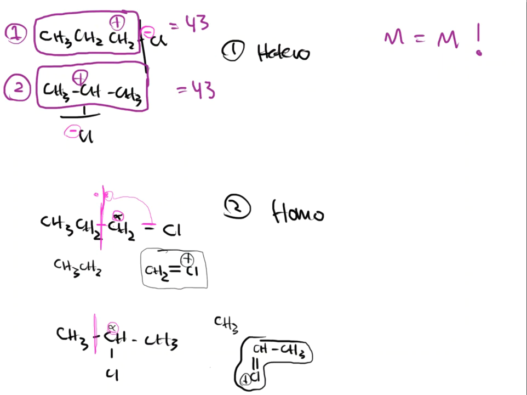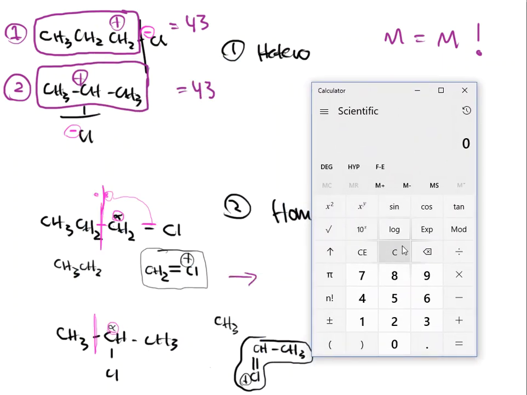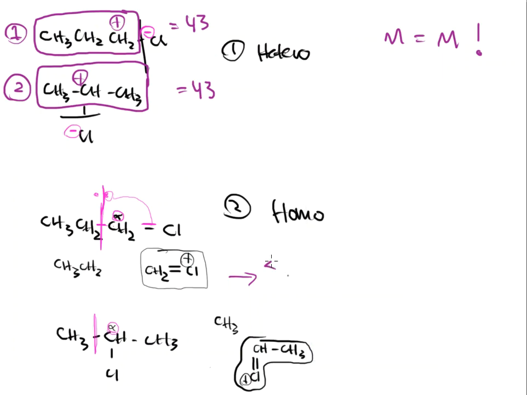So under the homolytic cleavage, this is a 35. Let me pull up the calculator so you could go with me. That's a 35, a 12 from the carbon, 2 more from the hydrogen. This is a 49.